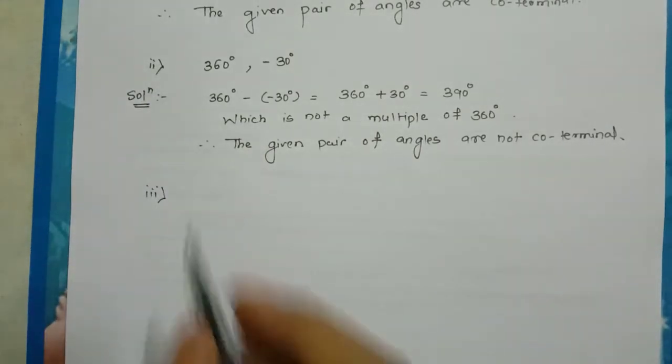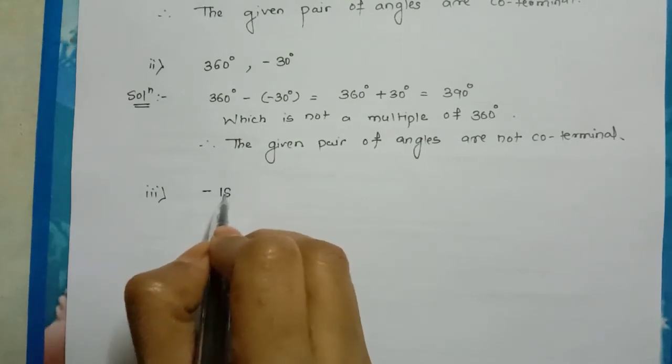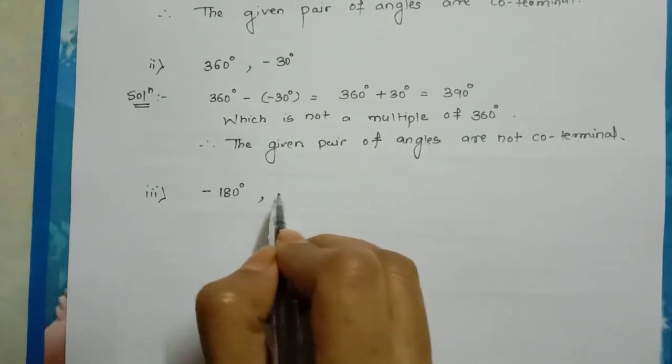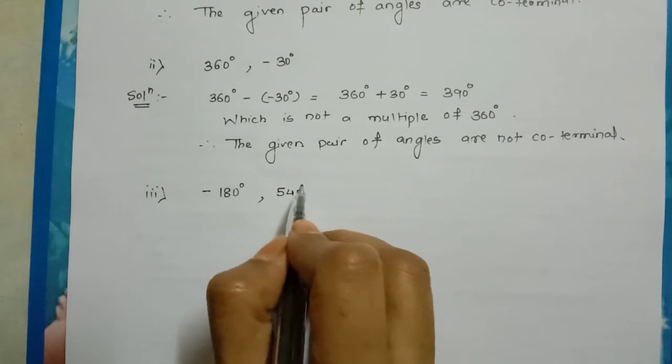It's minus 180 degree and the second one is 540 degree.